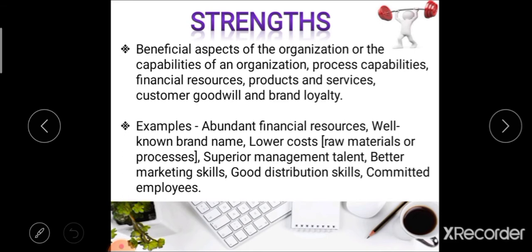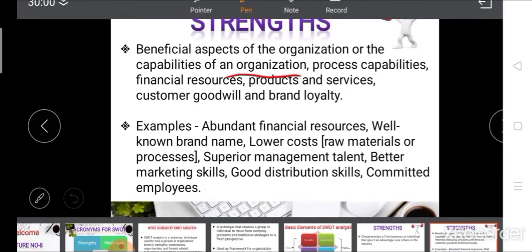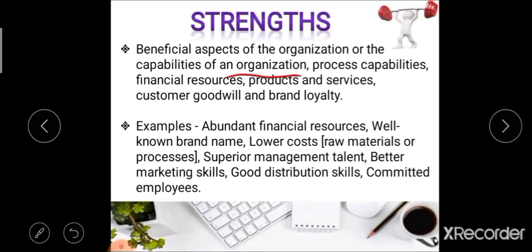Okay, so in that particular business, we can see capabilities of any organization, then process capabilities, then financial resources, then product and services, customer goodwills are considered as a strength of that particular business organization. There are different examples of strength in any particular business organization.